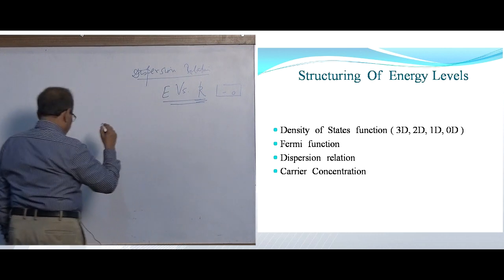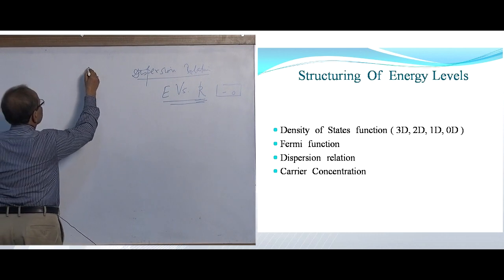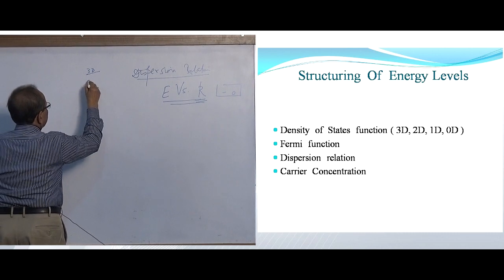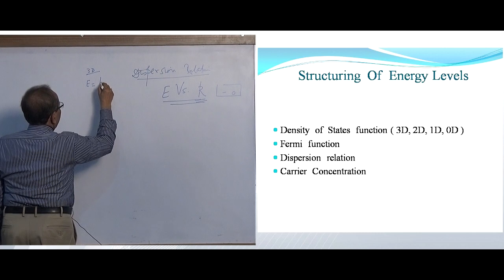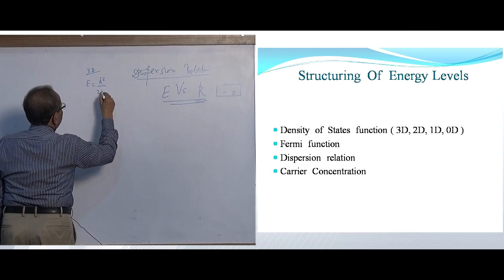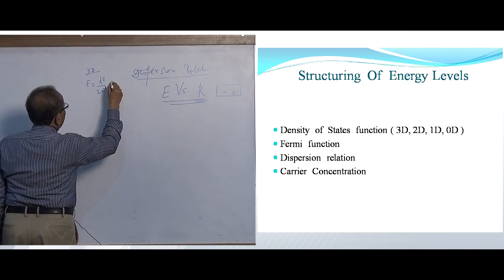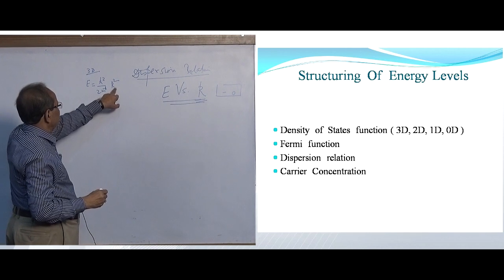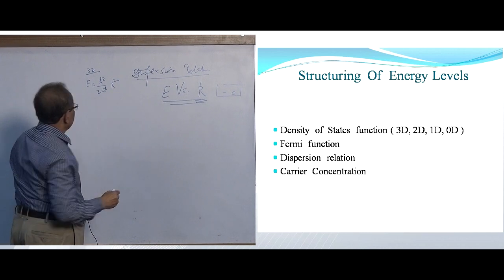Now, in 3D, it is E equal to h cross square by 2 m star times k square, where k square is kx square plus ky square plus kz square.